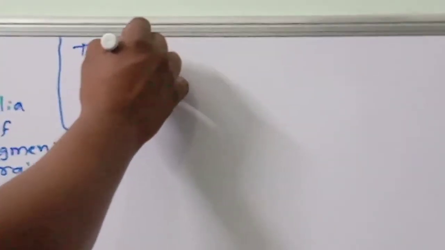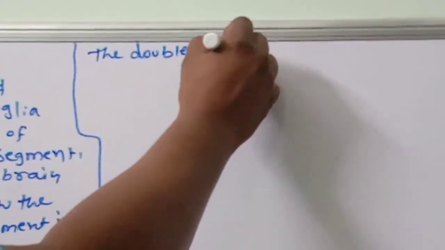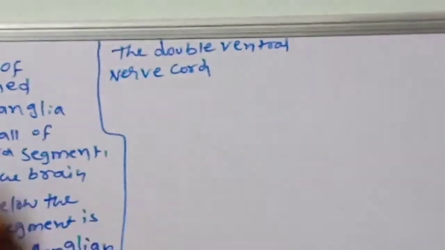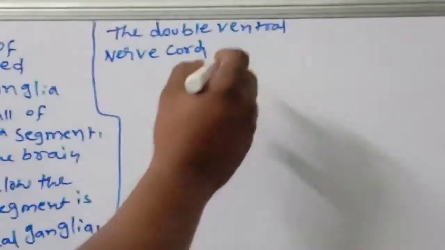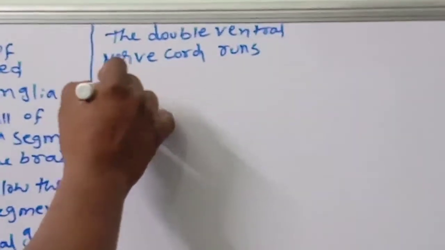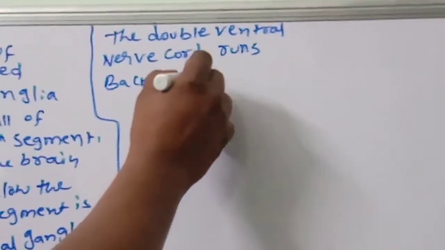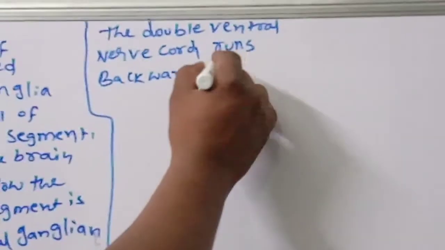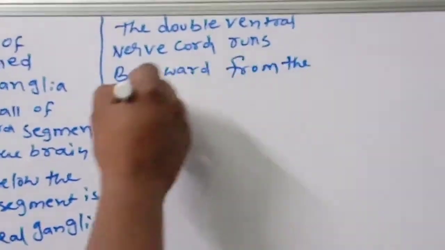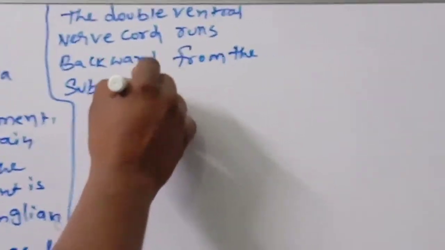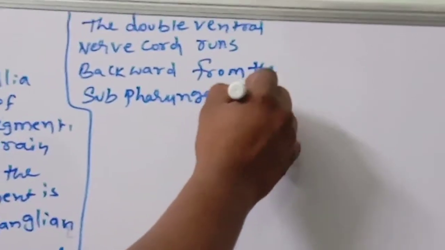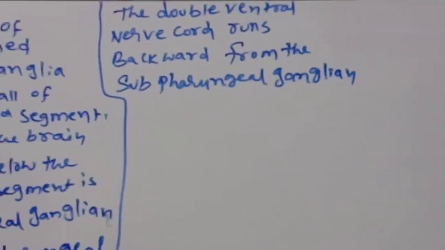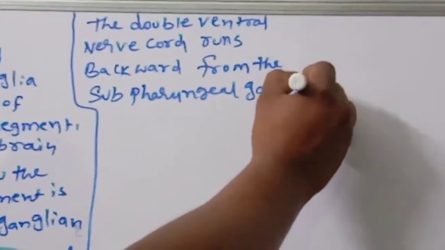Children, the double ventral nerve cord runs backward from the subpharyngeal ganglion. This point is also important.